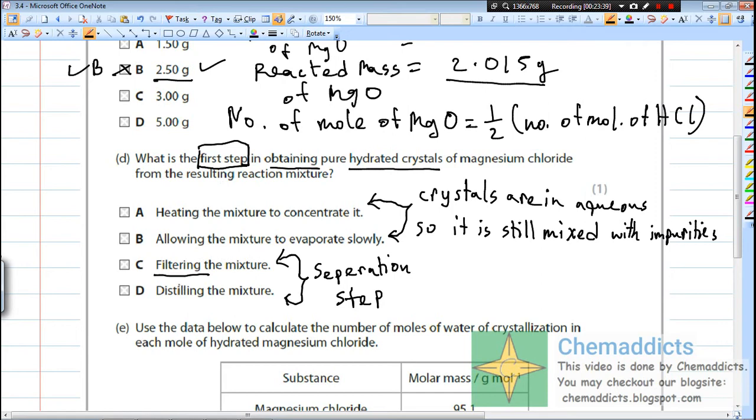We would first filter the solution, then we're going to carry out distillation. Since the first step is filtering, C is the answer.